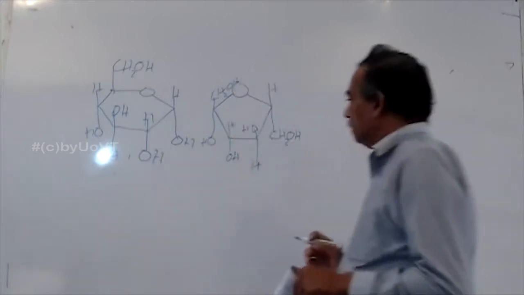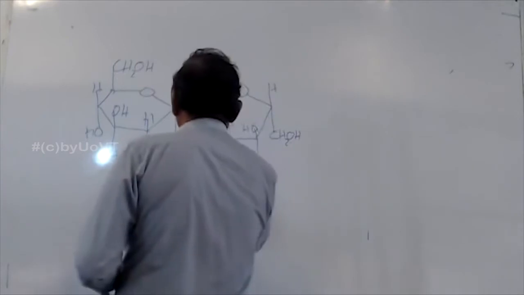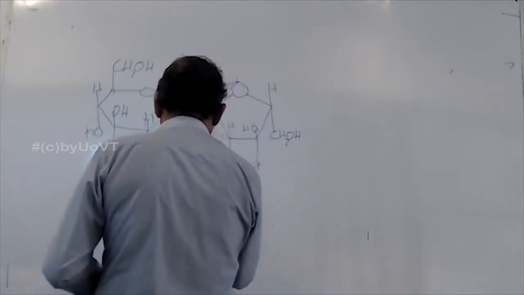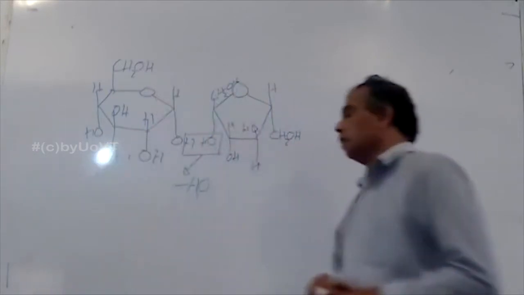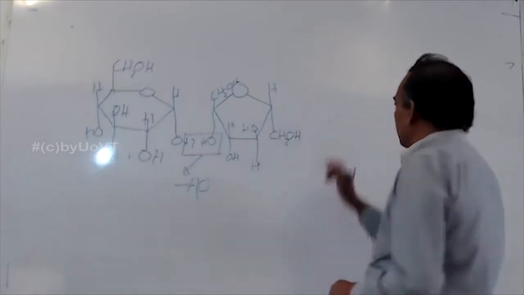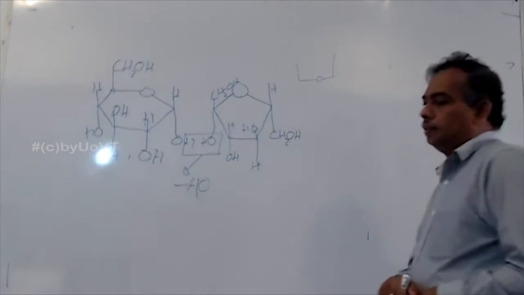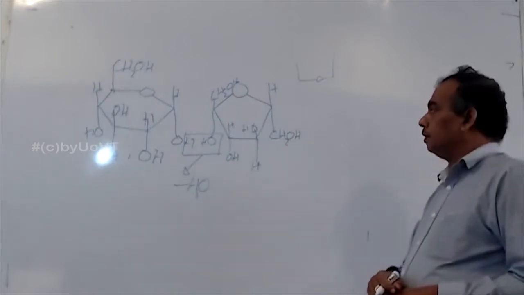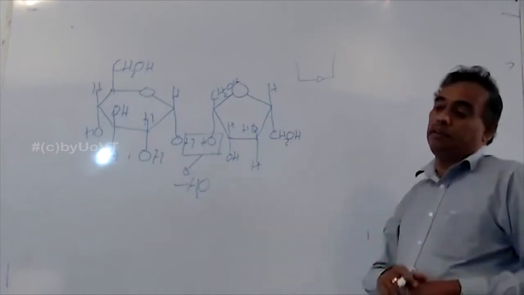Now we think about the bond, formed like this, with the formation of a glycosidic linkage by removing water. So we can think about this bond as an alpha glycosidic bond.